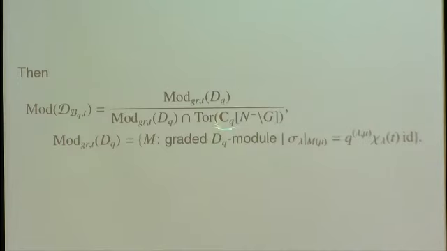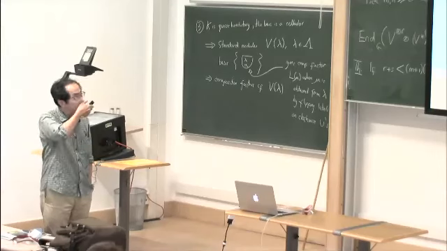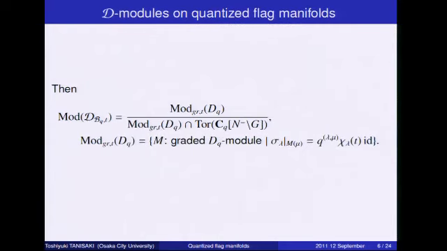And I need some condition about the twisting element t, so I put some condition. Chi_lambda is a character of H corresponding to lambda. And since D_q contains C_q[G/N^-] as a subring, we can consider torsion modules for the action of this algebra of functions. Anyway, we have a category of D modules.